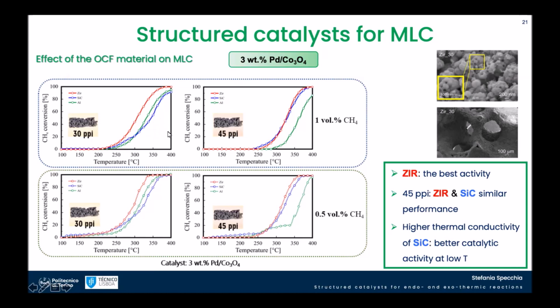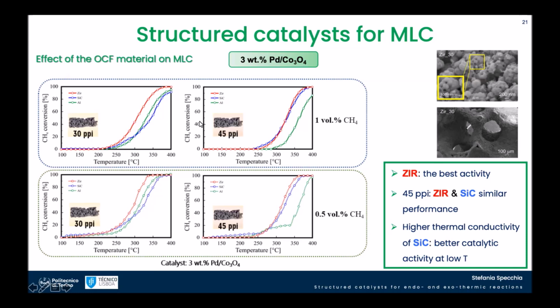You see that depending whether we are working with 30 or 45 ppi, the results are different. The red is the zirconia foam, the blue is the carborundum foam. They are working quite well, whereas the foam made of alumina is the worst performing one.